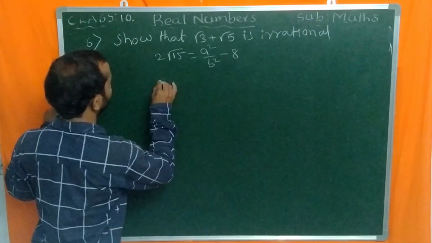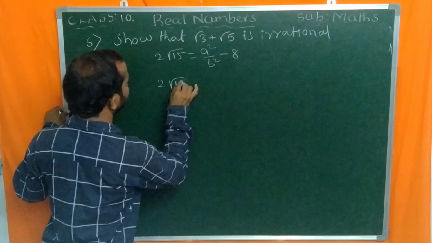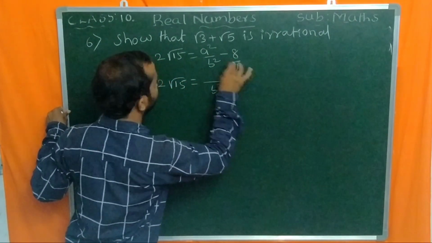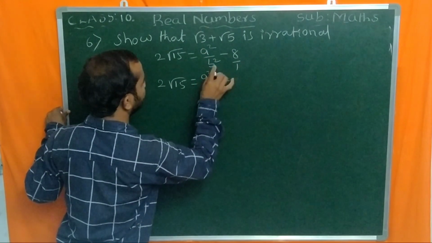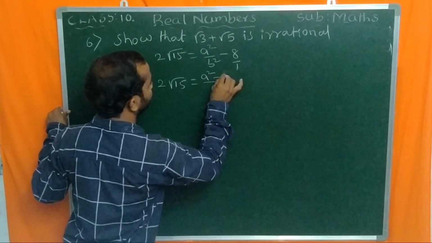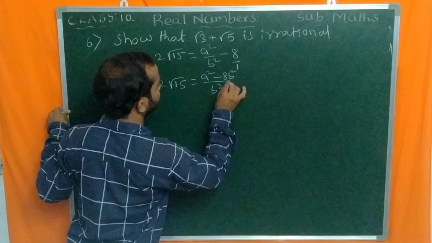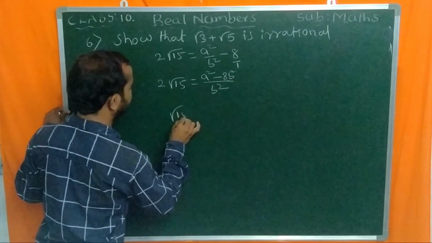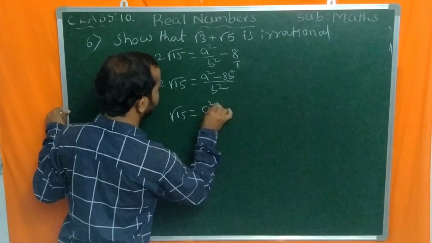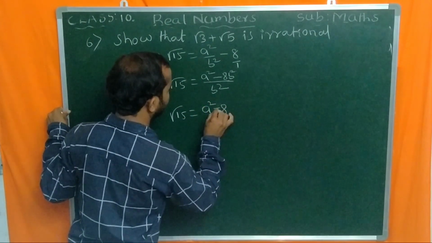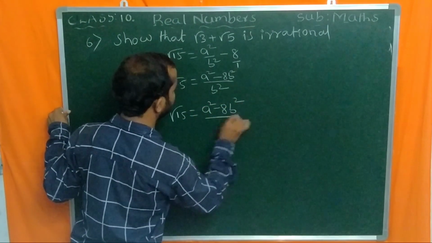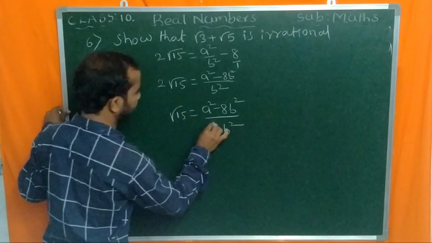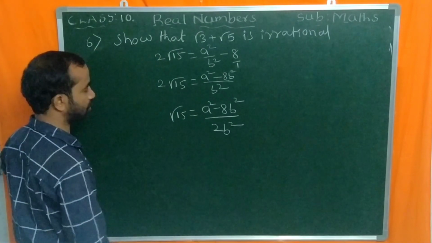So 2 root 15, taking LCM b square: 1 into a square, 8 into b square, that is 8b square. So root 15 equals a square minus 8b square by b square. 2 is transposed to the right side, so that is 2b square.